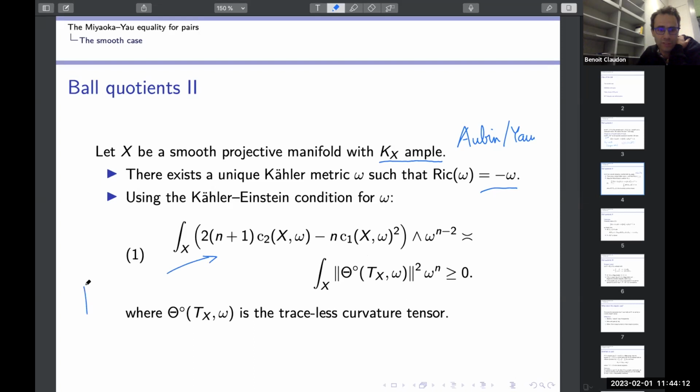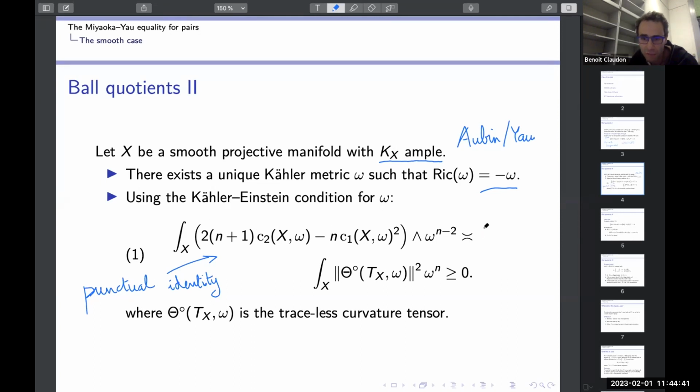And actually, this is a punctual identity. Sorry, my pen is not very good. When I say that, I mean at the level of Chern forms. So this quantity, (2n+1)c_2 minus n c_1^2, wedge omega^(n-2), just means that there is a constant.